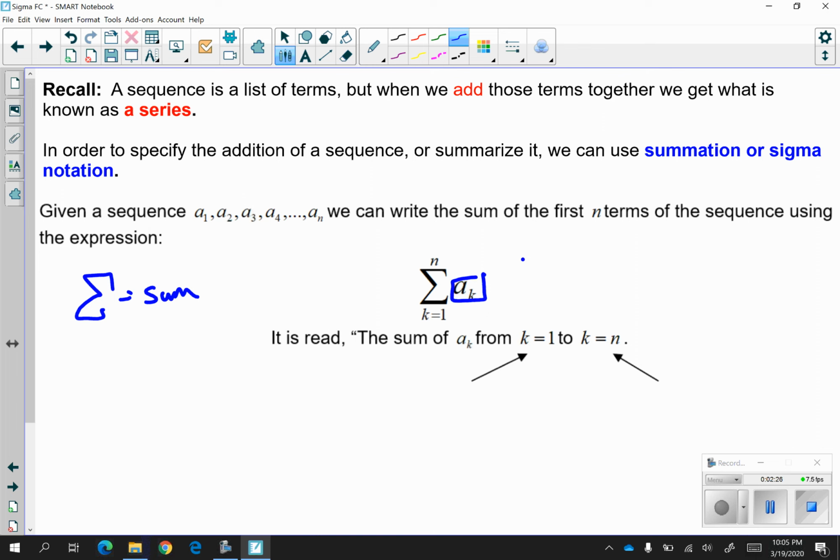This is actually a formula for a geometric series or sequence. So a sub k is your explicit formula of the sequence.